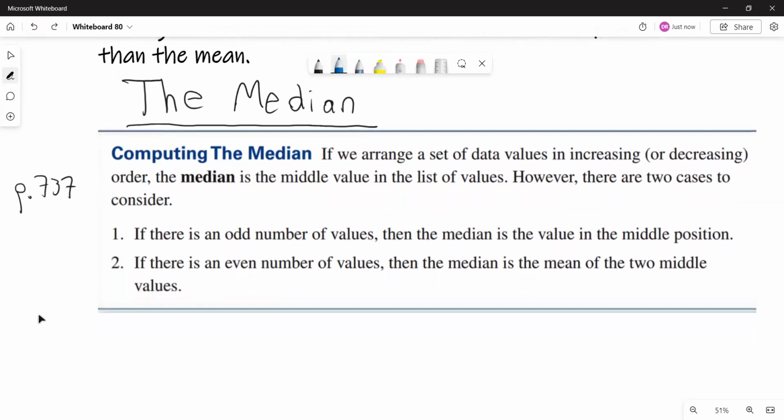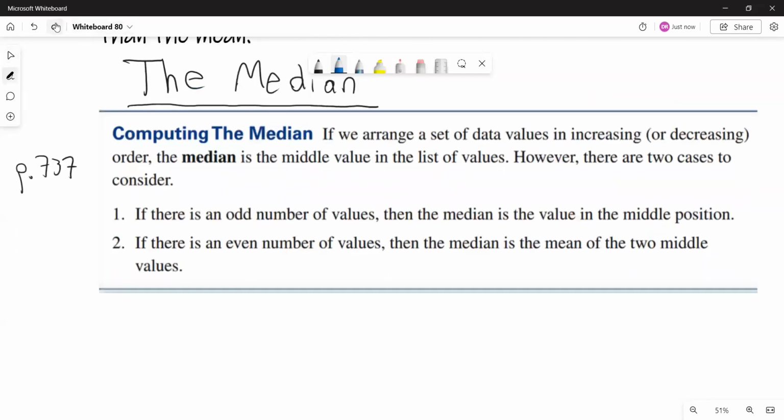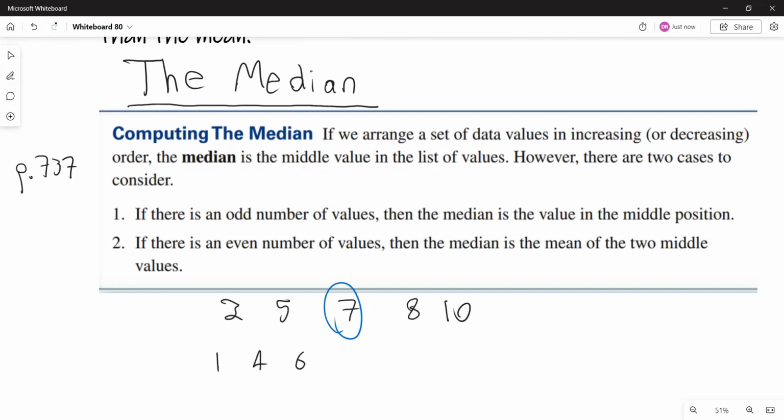And if there's an even number of data values, let's say 1, 4, 6, 8, the data must be in order.